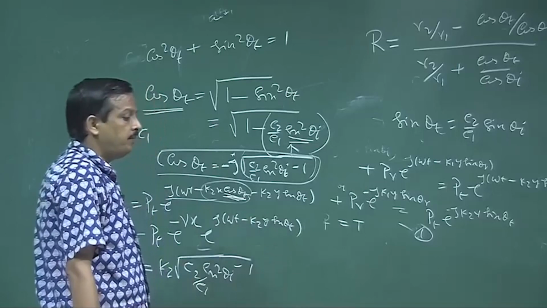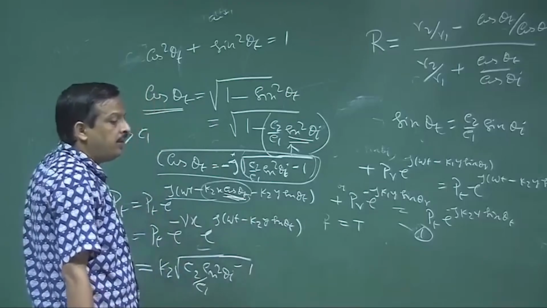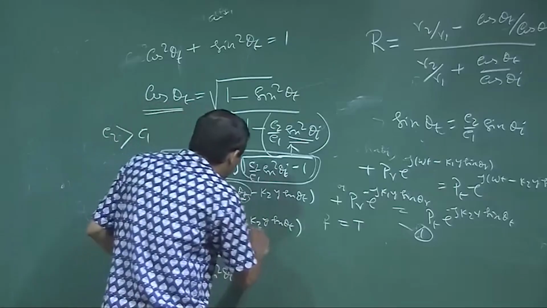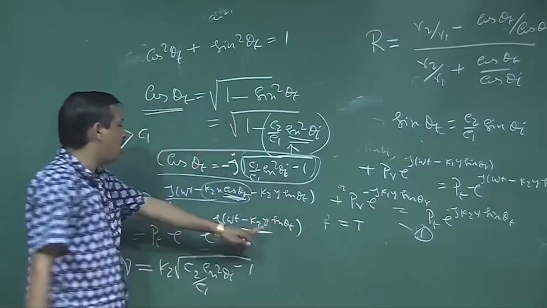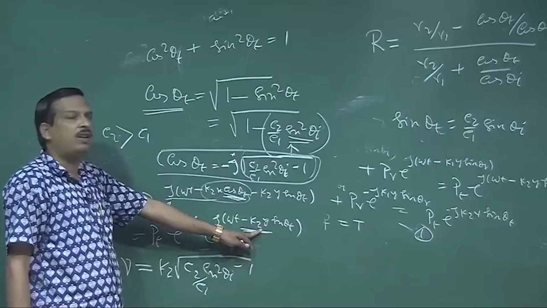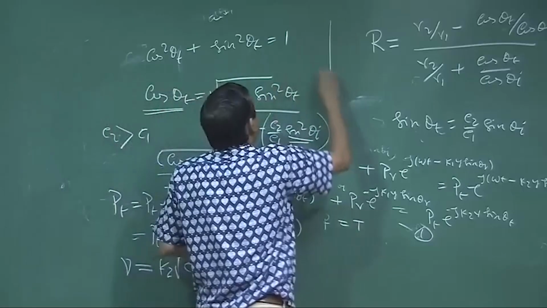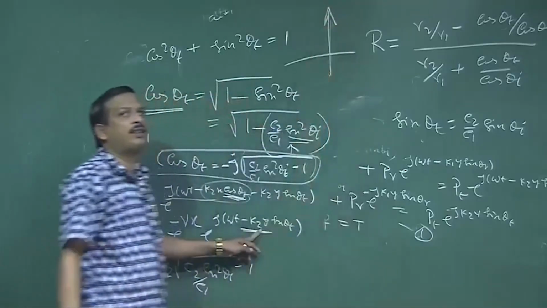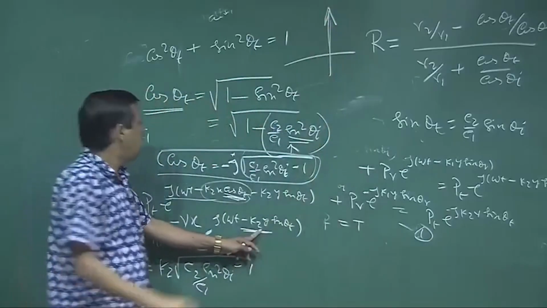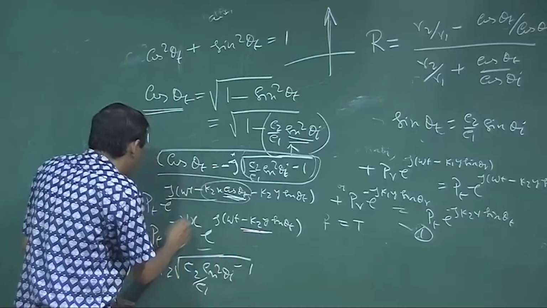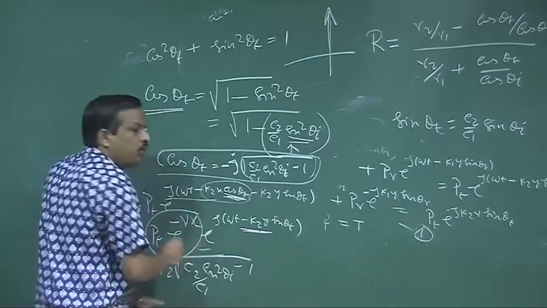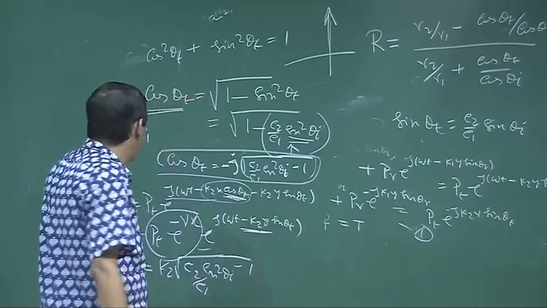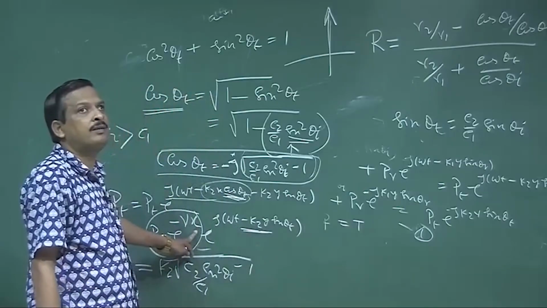Now, the transmitted wave is propagated along which direction? Only the y direction, because y is there, x is not there in the phase. So, the transmitted wave propagates along the y direction, and the amplitude of the wave will decrease along the x axis.